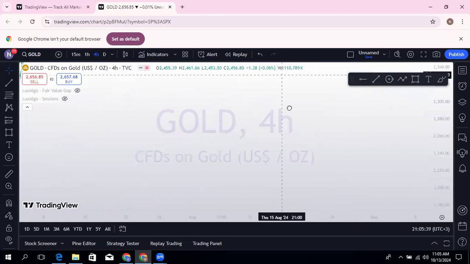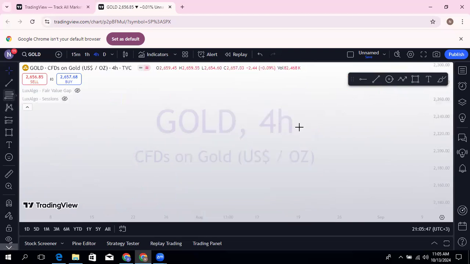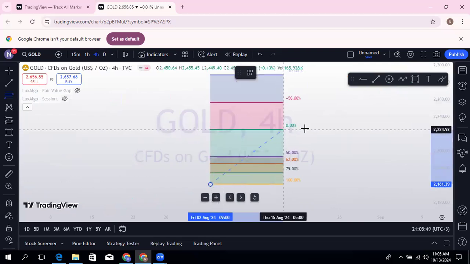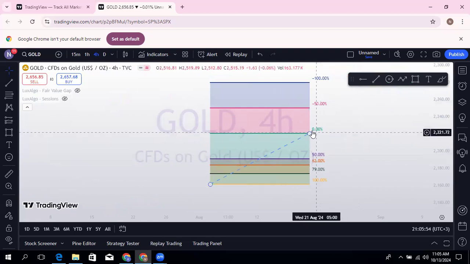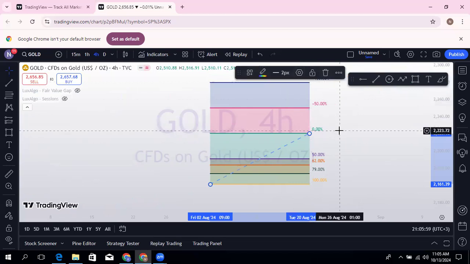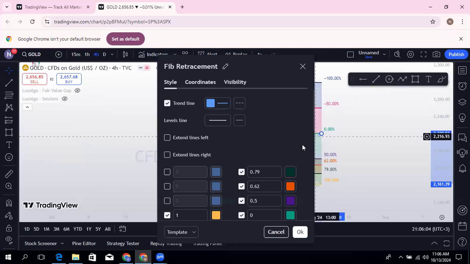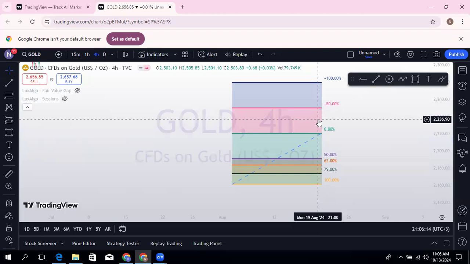So let me set a very clear space to show you the settings used in Fibonacci retracement. So at this point, just copy exactly how it is. Yeah, copy exactly how it is if you want to use exactly the Fibonacci retracement that I have.